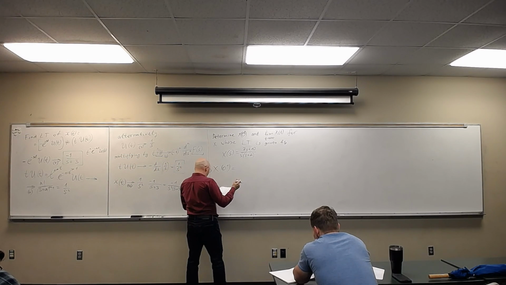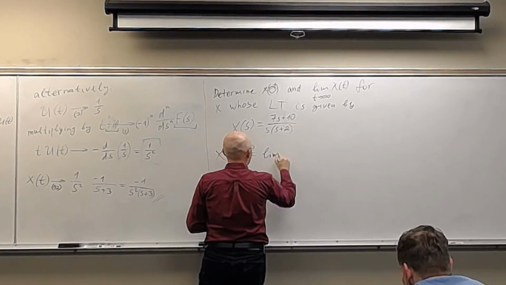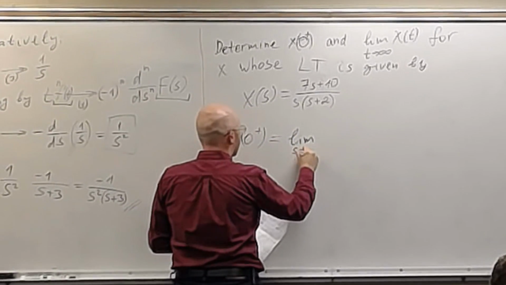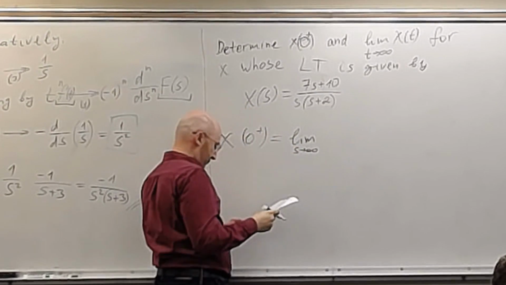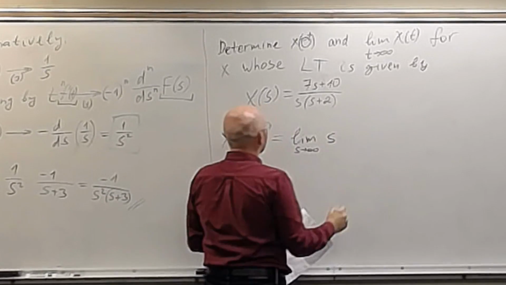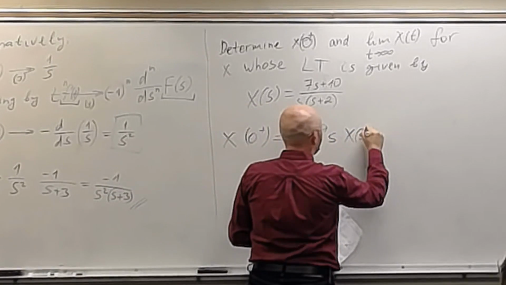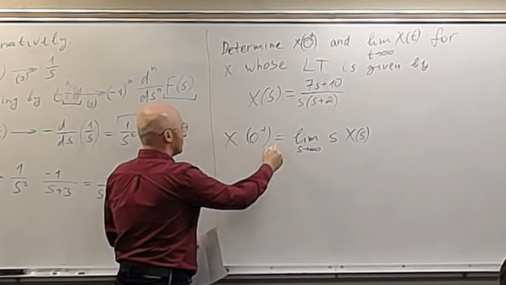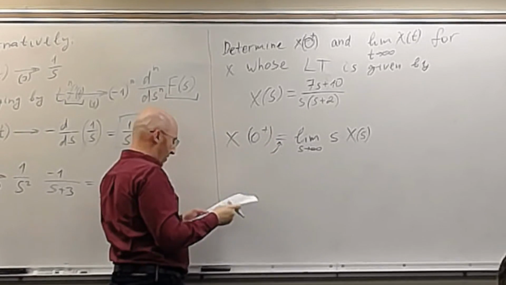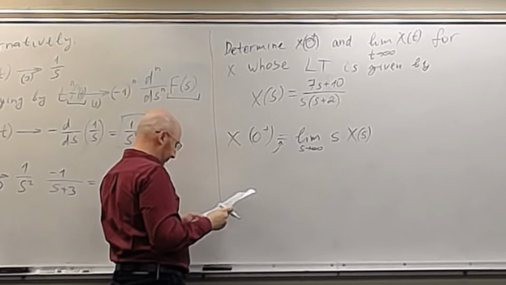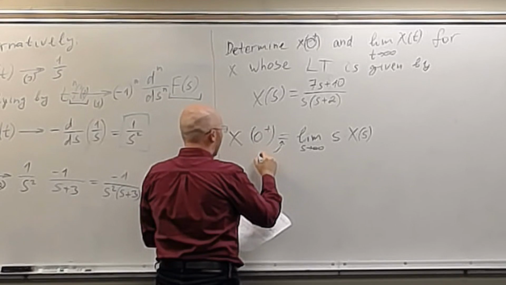This is given by the formula, which is the limit when s goes to infinity of s times X(s). This is the initial value theorem.